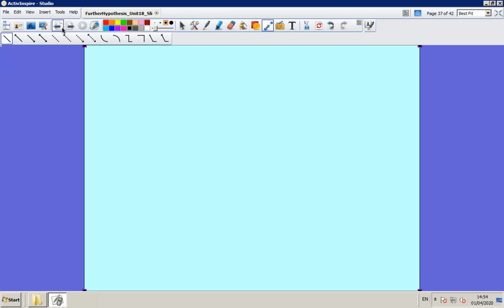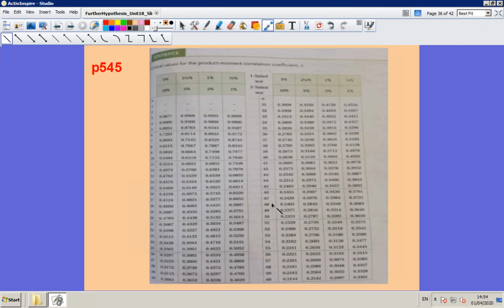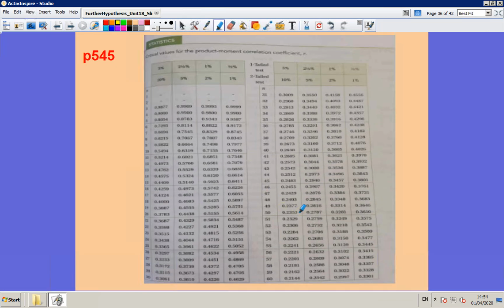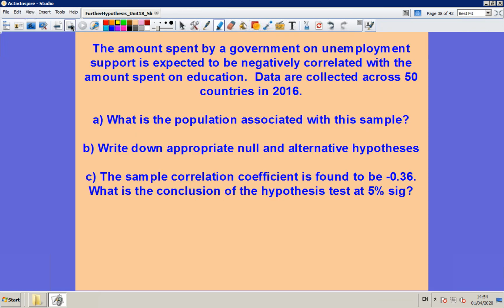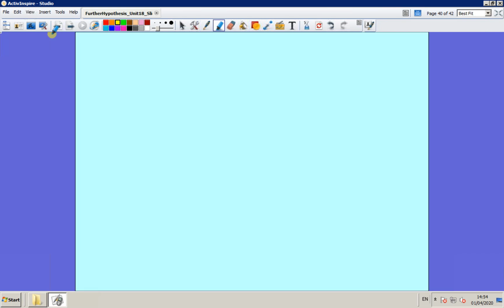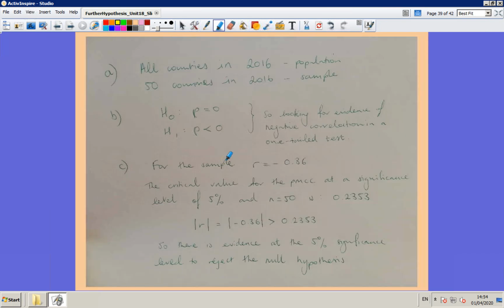So let's see, it might be hard to see from this table, but if we go to 50, and we're interested in a 5% significance level, you can possibly see there that that value is 0.2353. Okay, so our critical value is 0.2353.